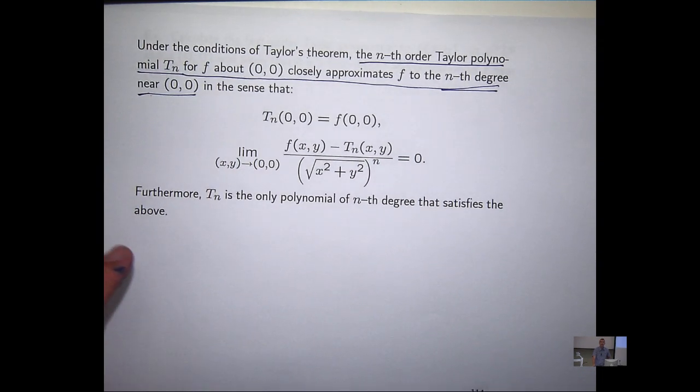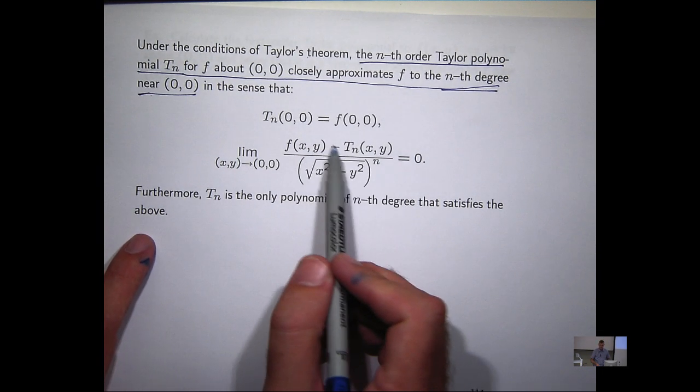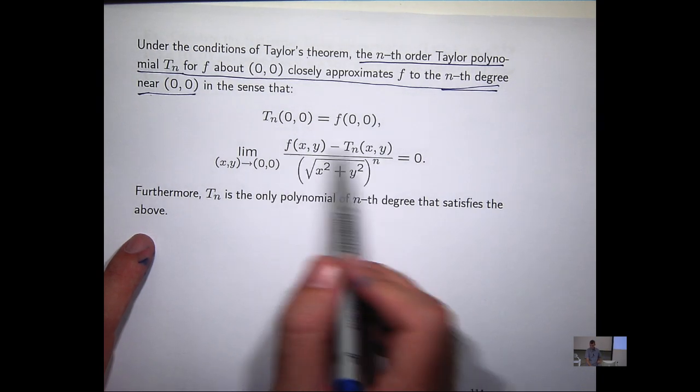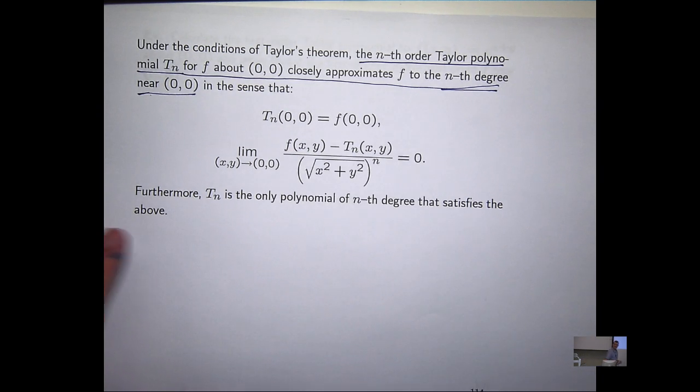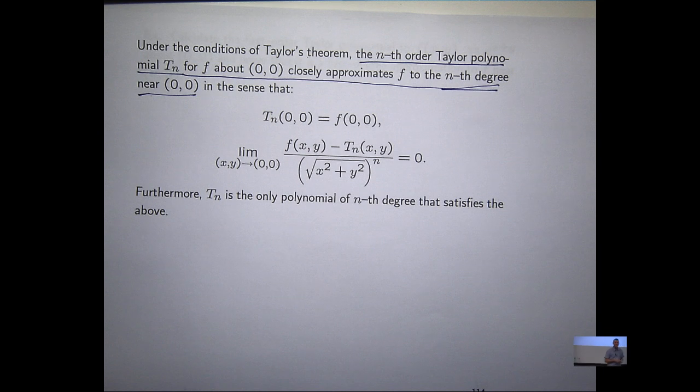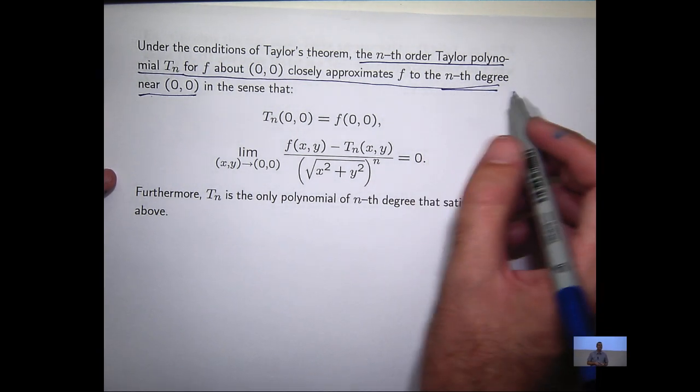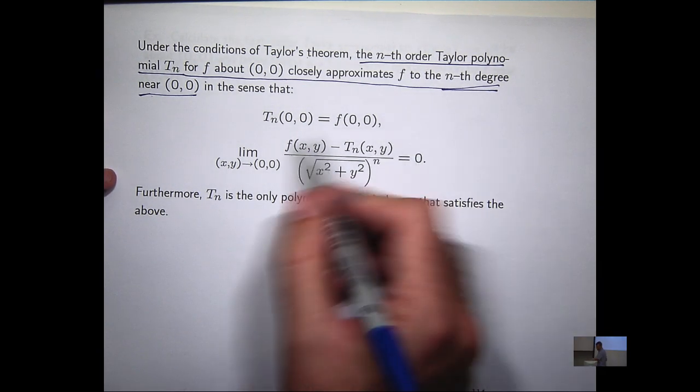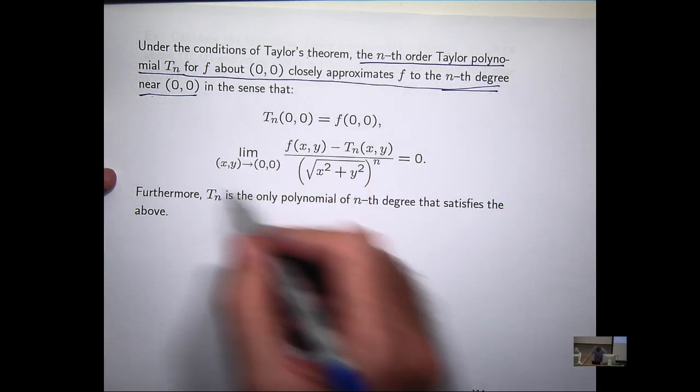And secondly, if you think of the top as an error between the function and its approximation, you have this nth degree approximation defined by this limit.